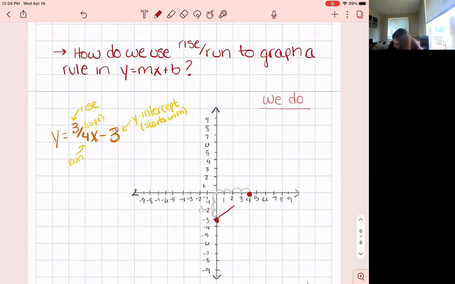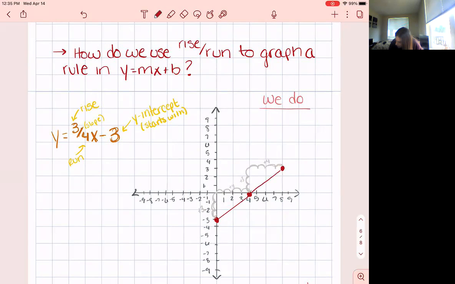Right? And when I connect those, that's going to make that little triangle, right? You should see that triangle normally. We need at least 3 dots, so I'm going to do that again from this dot. I need to go up 3 is my rise, so up 1, 2, 3, and my run is 4, so I need to go over 1, 2, 3, 4, run of 4, and that's where your next dot will go, right there.